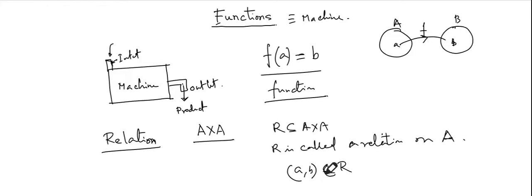If (a, b) belongs to R, a is related to b by some condition.